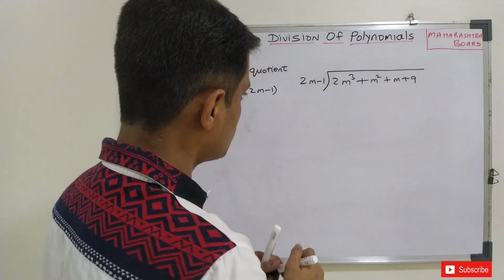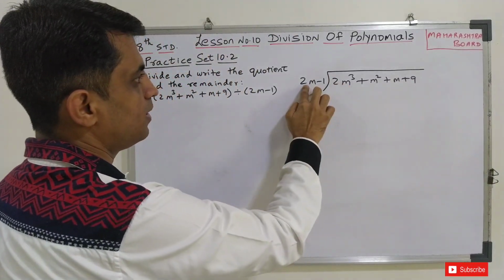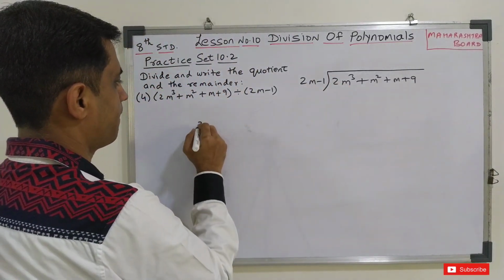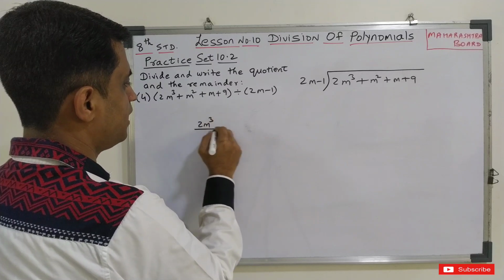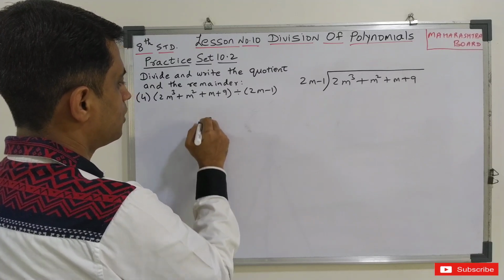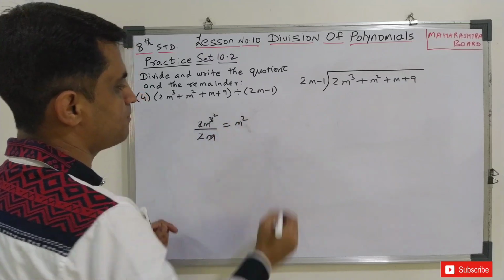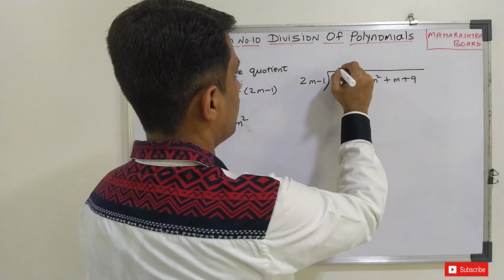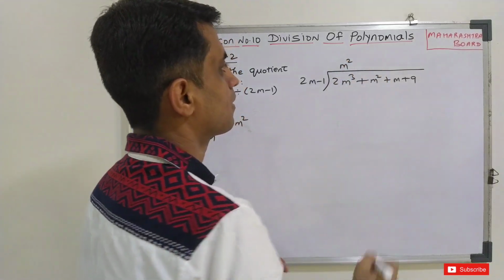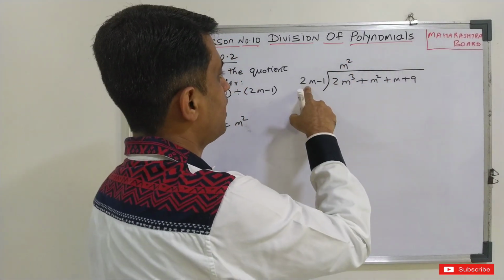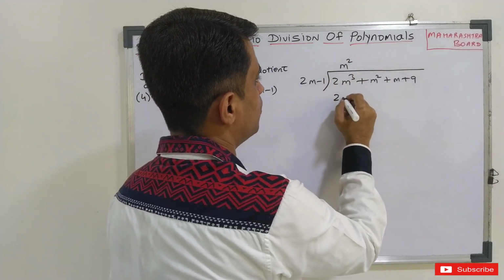Now the first step, students: 2m cube divided by 2m. 2 will get cancelled, here only m square will be left. So first will be m square. So you got here m square. Your next step: 2m into m square is what? 2m cube.